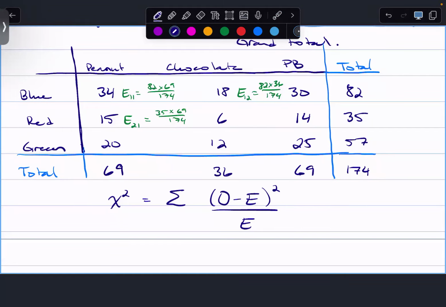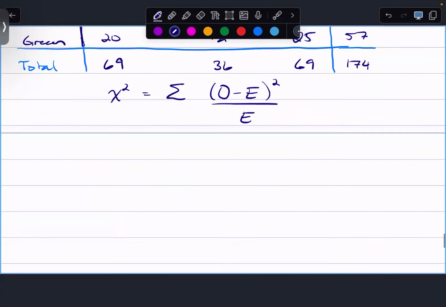Good. And I'm not putting the subscripts on, right? It would be OIJ minus EIJ squared over EIJ, but as long as you do it for each of the cells, then you're fine. The degrees of freedom is going to be the number of rows minus 1 times the number of columns minus 1.